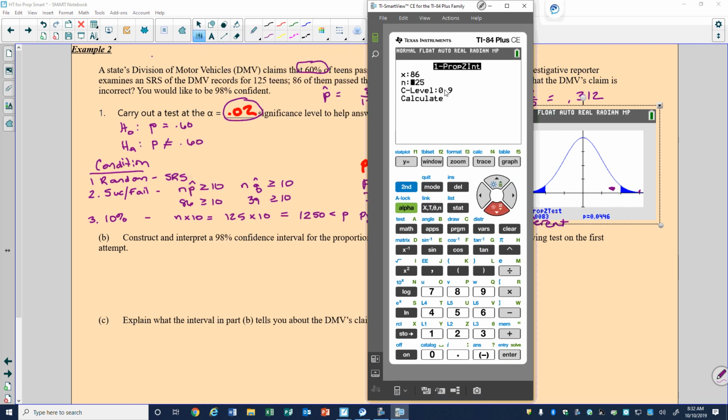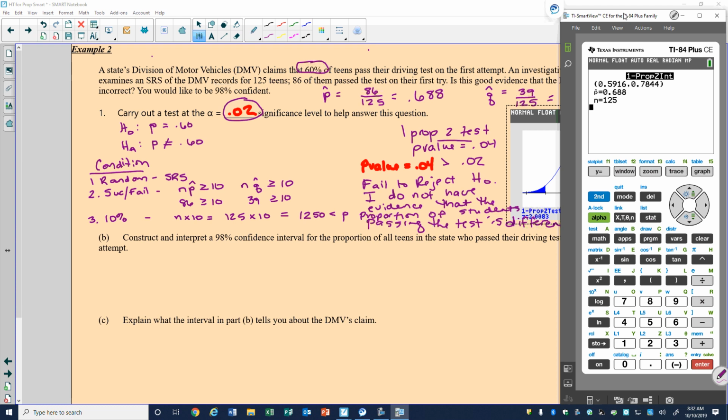We do need to change the confidence level. This one we said we wanted to do at 98%, so I am going to change that to 0.98. And we're going to calculate the confidence interval for that. Your calculator does that for you as well.